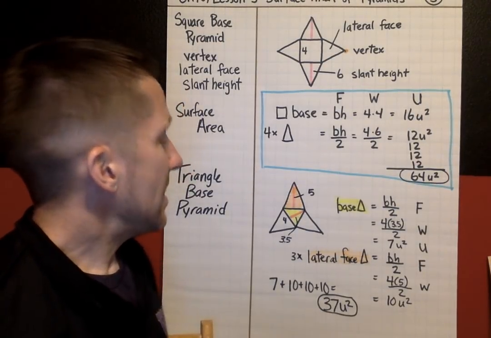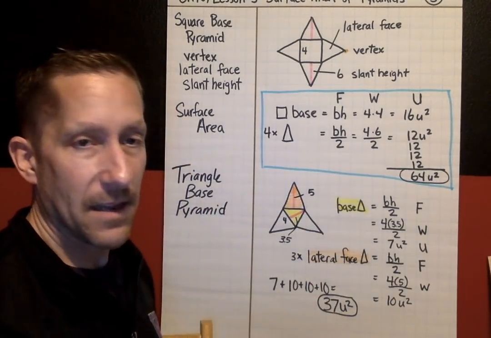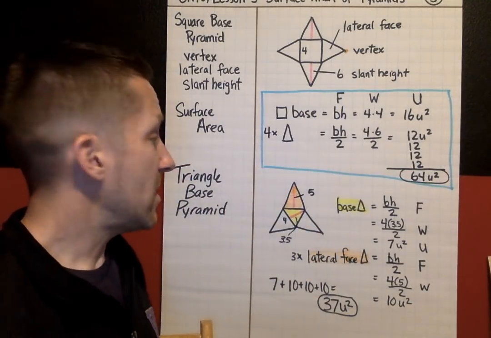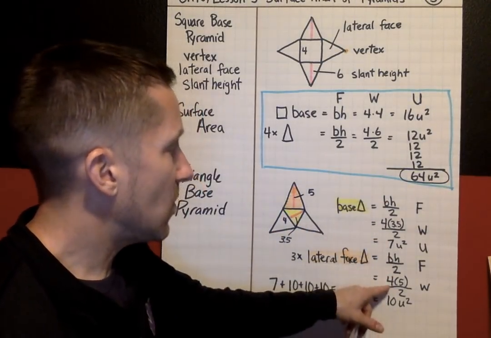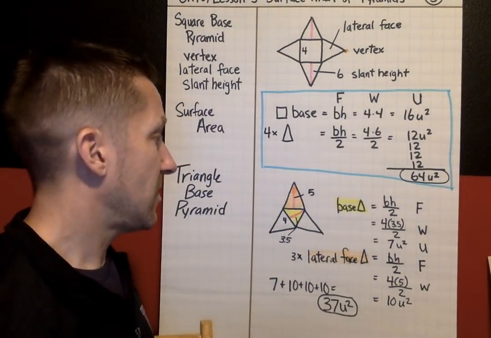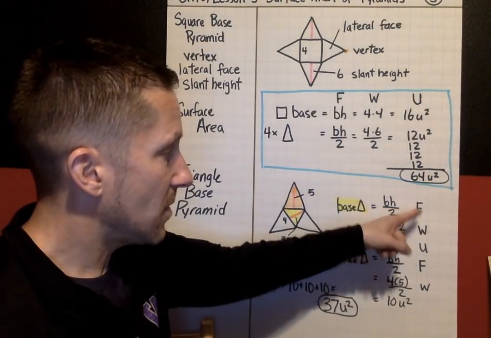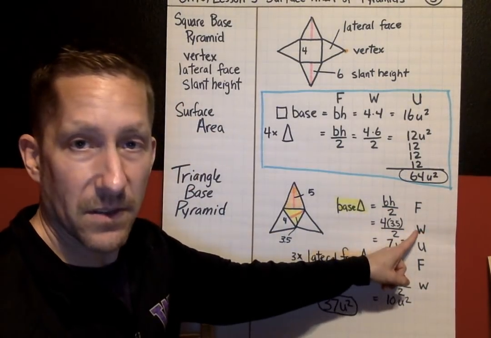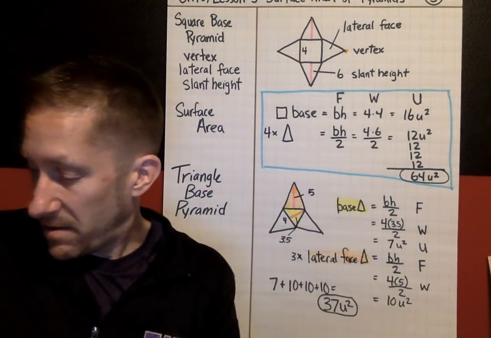Again, I think it's easiest to look at these pyramids if you imagine them flat, okay? But really the hardest part is looking at it and figuring out what numbers go where. So you really got to look close and ask lots of questions if you're not sure. Again, focusing on formula. Start with the formula, then put in the numbers, and then don't forget your units, okay?